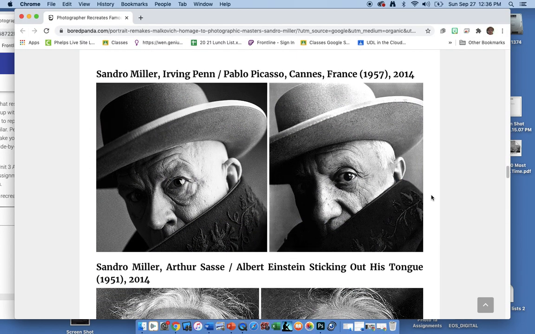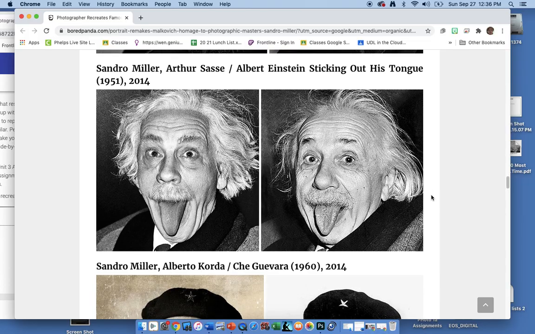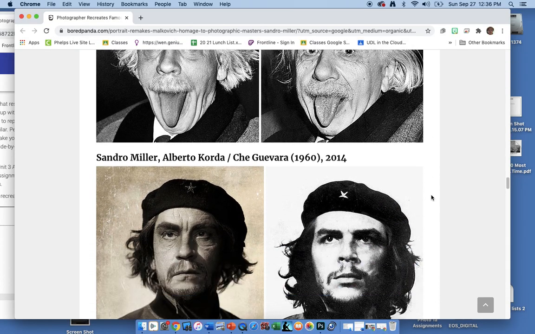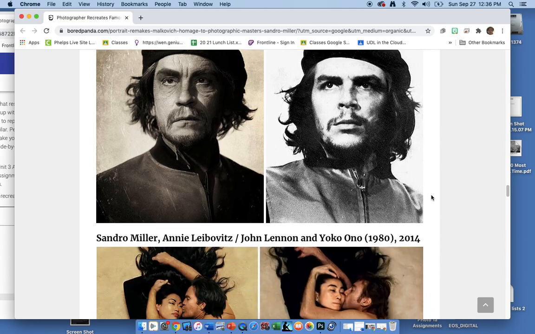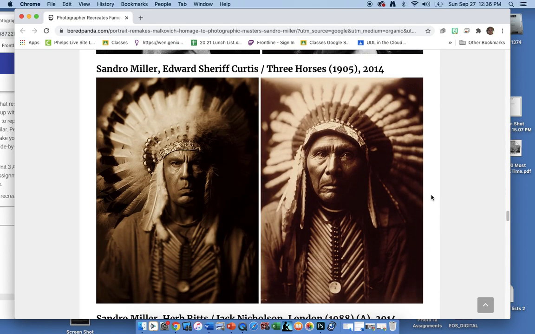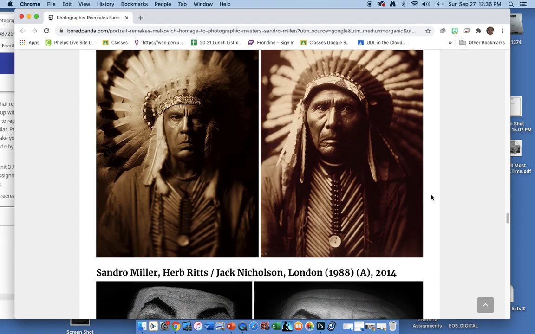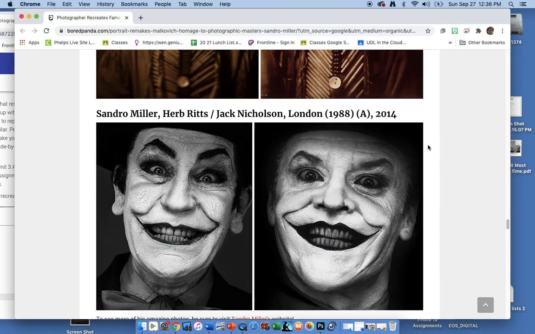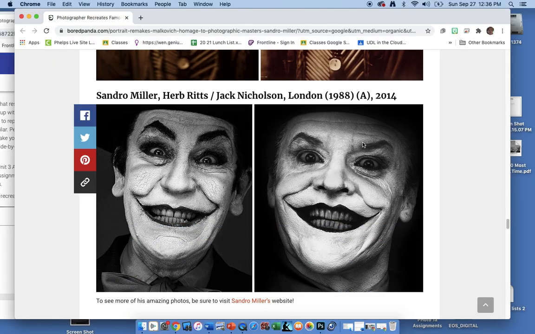But again, most of these are after the 40s and such, but not that one, not that one. But some of these, this one here is way before the 40s right there. That's a good one. So there's a Joker. You can see that from Jack Nicholson.